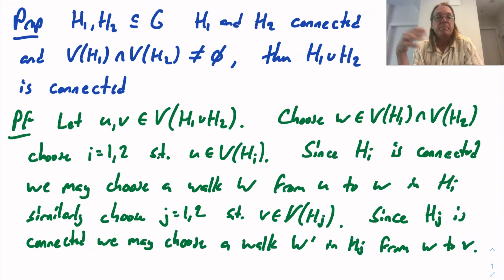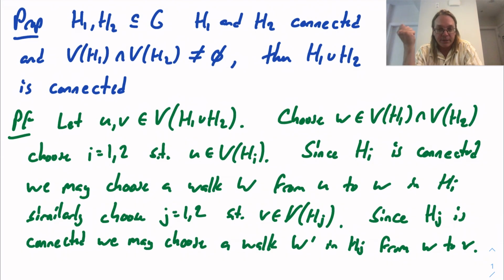So again, J is going to be either 1 or 2. I'm making an argument that's going to work in either case. So you can see that introducing this little dummy variable J is saving me from having to say, well, it's in H1 or it's in H2, and somehow splitting into cases. That would be annoying.